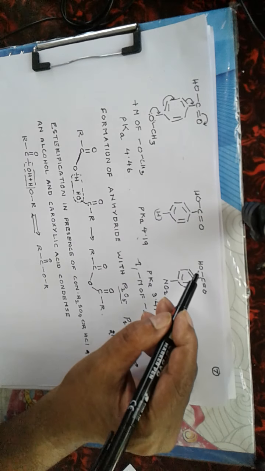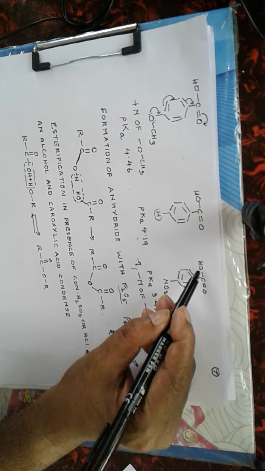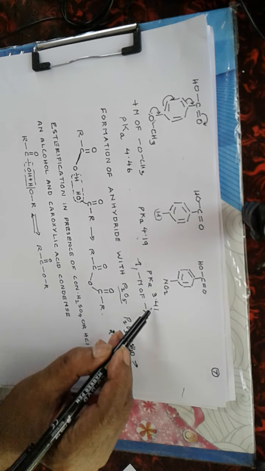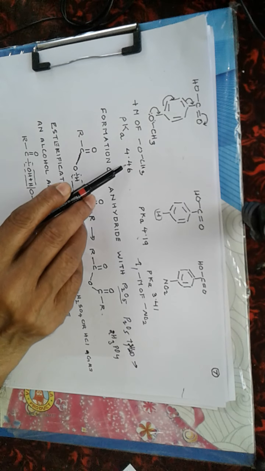So we can say the OH group will be showing a higher tendency to ionize into O minus and H positive. So its pK value is found to be lower than both para-methoxy and benzoic acid, 3.41, and the main reason is the electron withdrawing character of the nitro group, that is minus I and minus M.